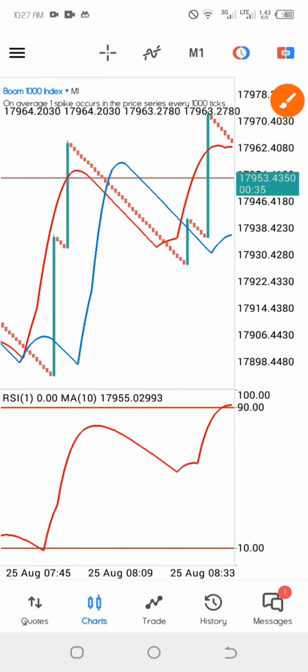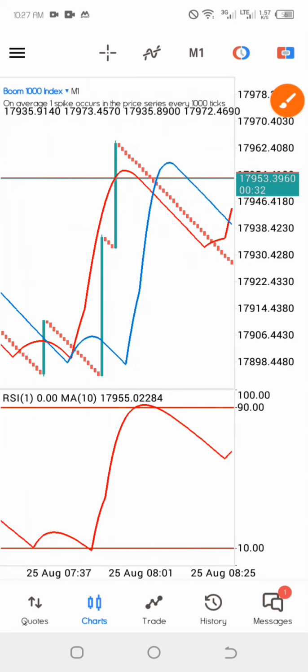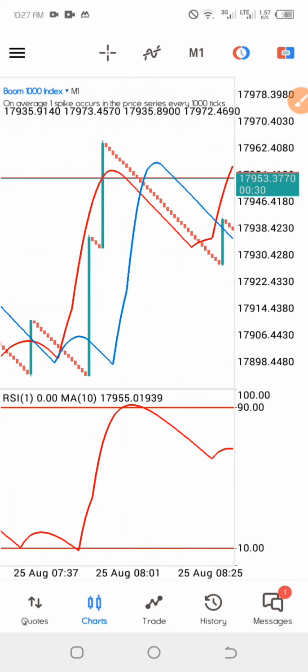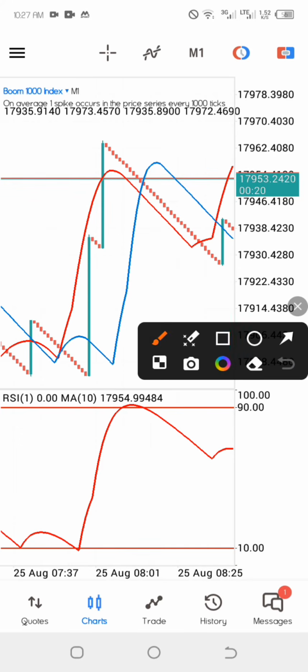Now I'm going to use the recent trade as an example so you can have a better understanding of the strategy. What are the things you're looking for when you are using this strategy? The first thing you want to do is wait for this moving average line right here, this red line, to come and touch the 90 level of the RSI.